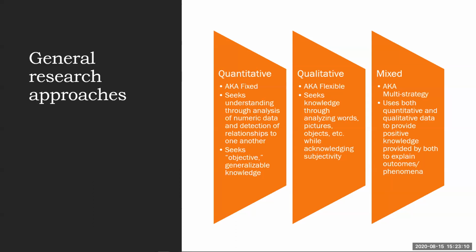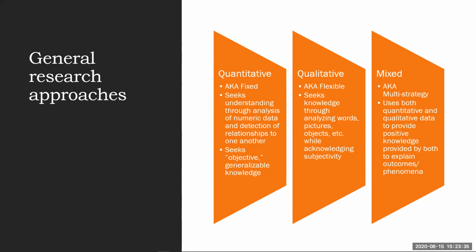If I do X, then Y happens. And the whole goal is to get objective generalizable knowledge. One of the challenges is that most of the quantitative research that's done in our field is still done in naturalistic settings, and it's not repeated. So we don't know if because we found it one time it'll ever happen again. So that is a challenge.